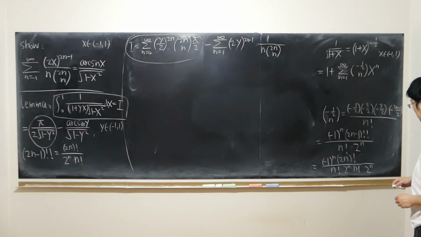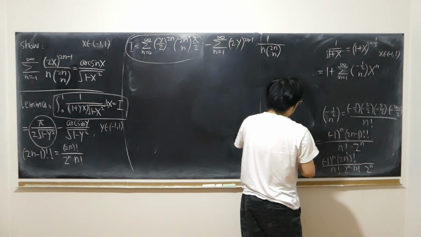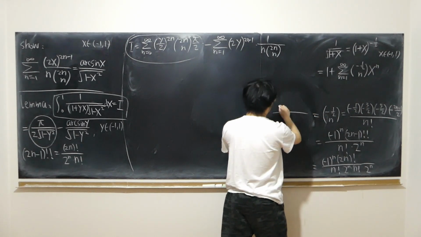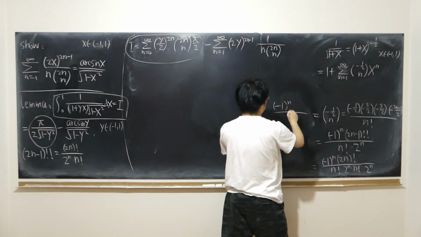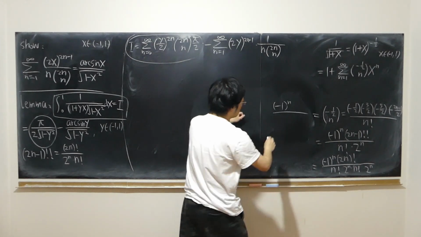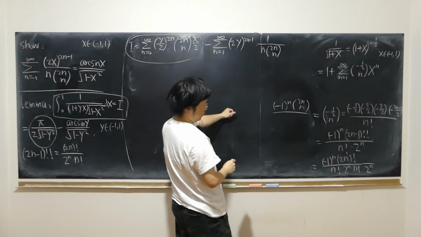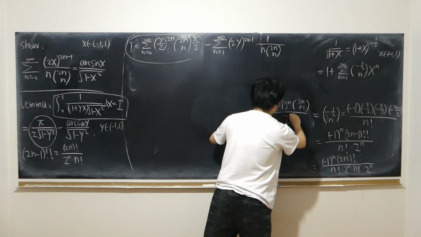Again, that's 2n choose n, so negative 1 to the n, 2n choose n, over 2 to the 2n.